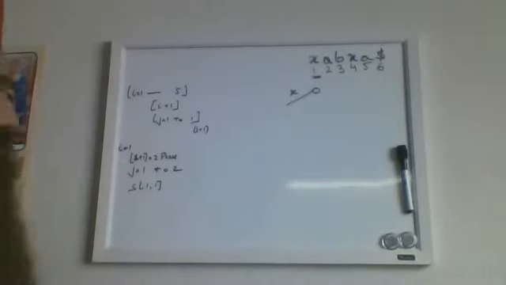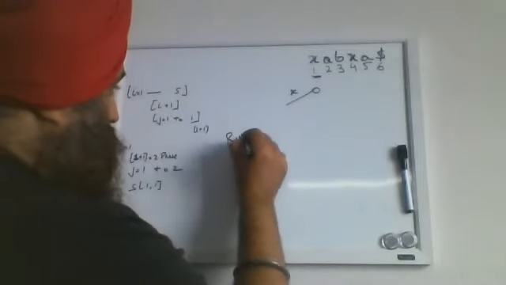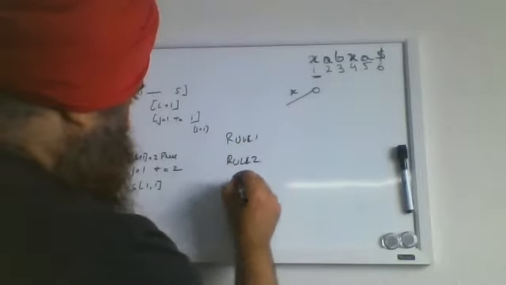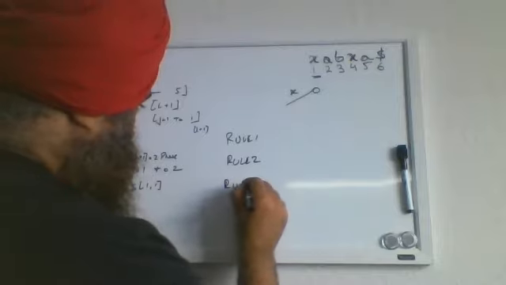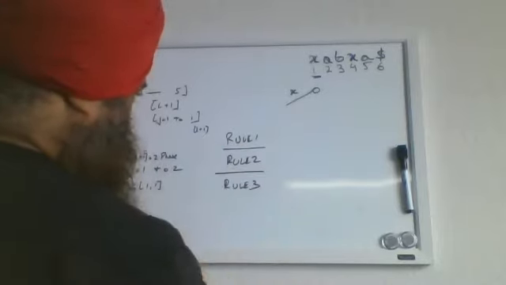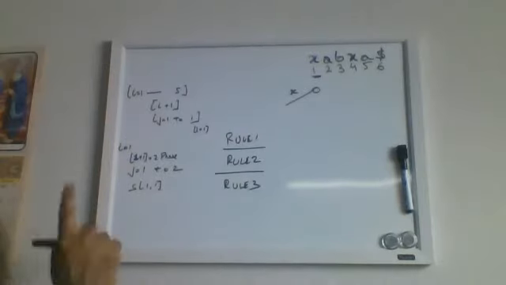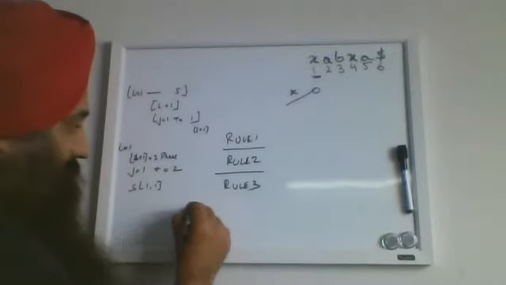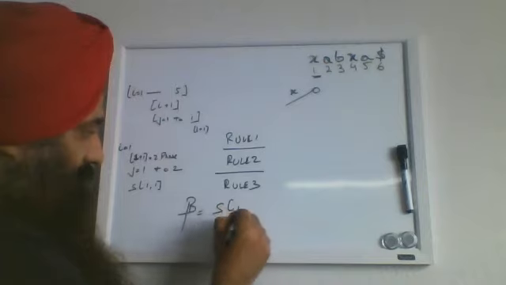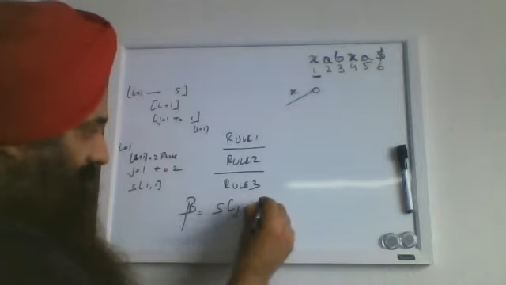Let me explain the three rules. So there is rule 1, rule 2, and rule 3 for extension. In Ukkonen's algorithm, suppose beta represents your string s of j to i.